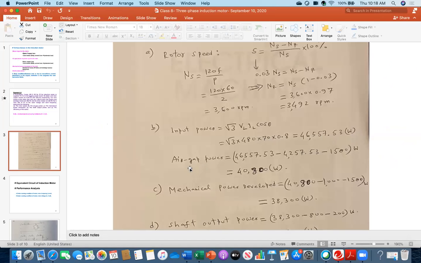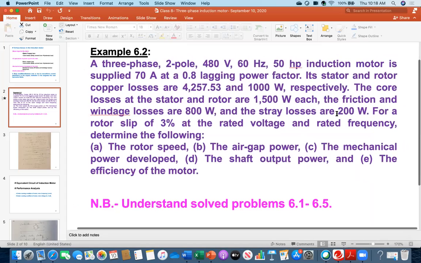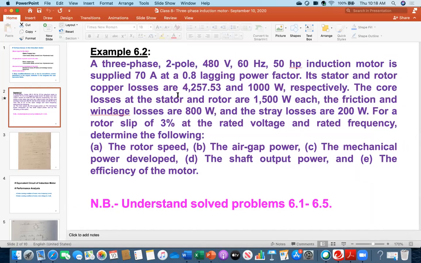And then what will be my air gap power? This input power is the overall input at the very beginning, which is going to the stator. But I have to find the air gap power, which is the input to the rotor. So what do I have to subtract from here? I am subtracting this number as stator copper loss, and this as stator core loss. Now everybody read the statement. The stator and rotor copper losses are this and this, so this number is the stator copper loss.